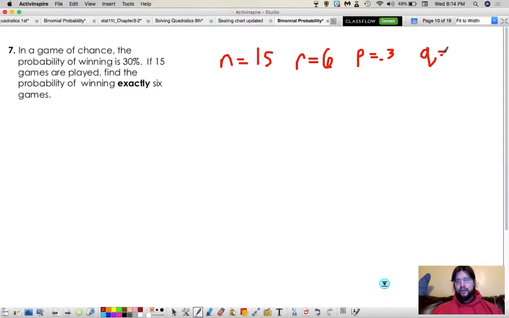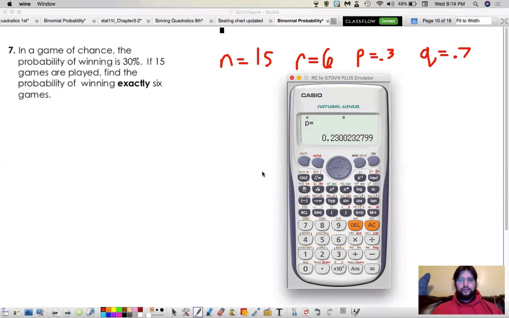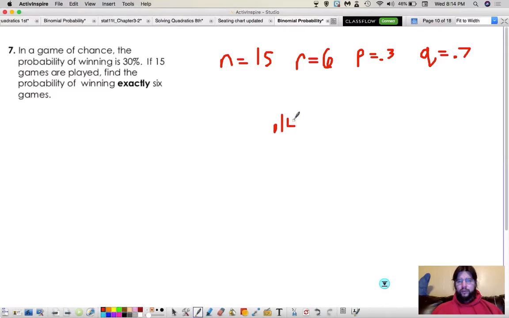Q would then be 0.7. They've got to add up to 1, right? 6, 15, 0.3, and oops, 6, 15, 0.3. We get 0.1472. Doesn't change. Now, if you want to look at that as a percentage for whatever reason, probably the problem told you to, multiply that by 100, you get 14.72%. Yay, who cares?